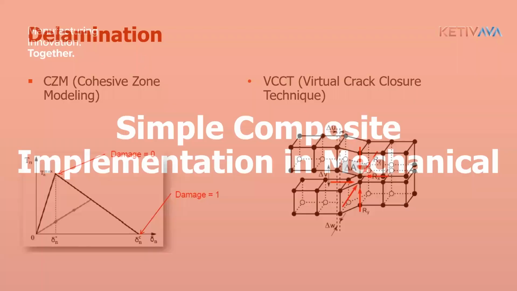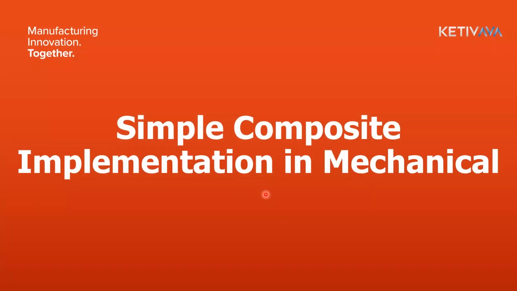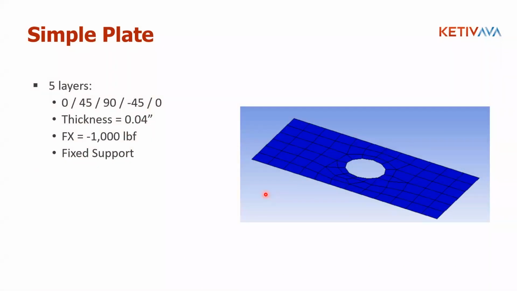Okay. Today we are just going to show a very simple composite model, and how we can define this simple composite in Ansys Mechanical. So what I'm going to show in the demo is just a simple plate.